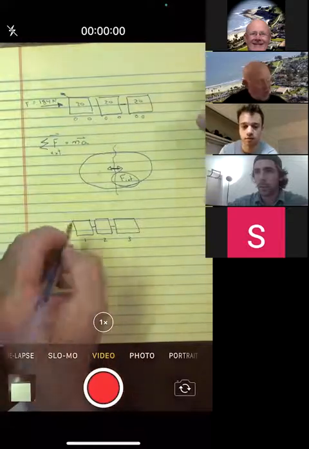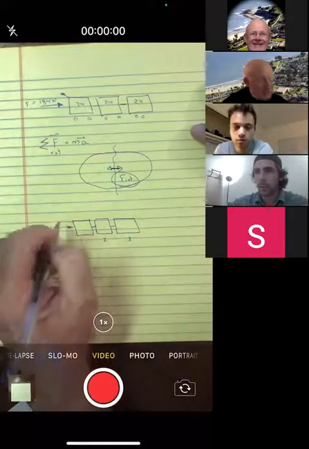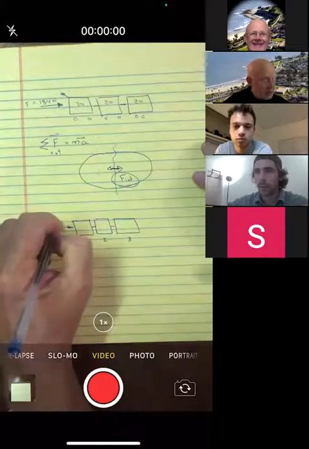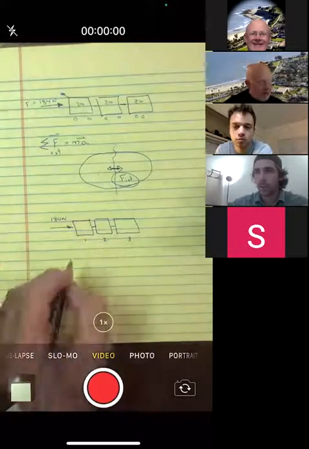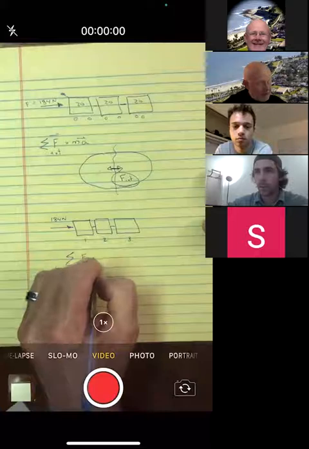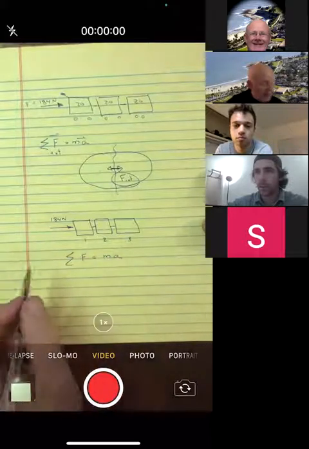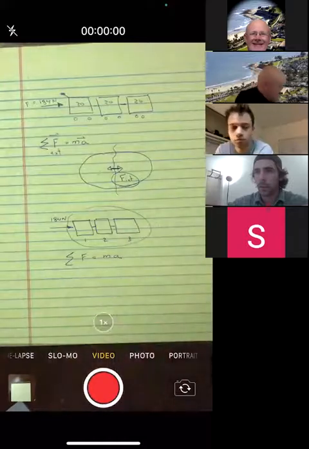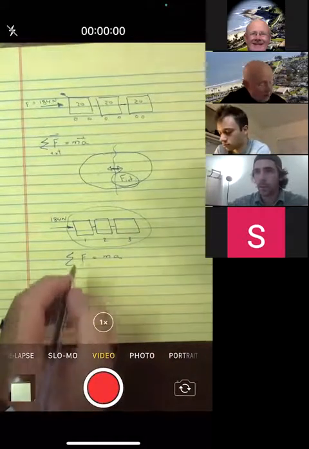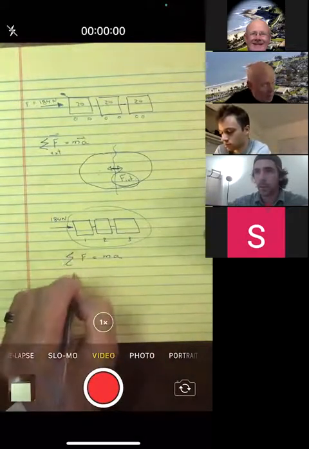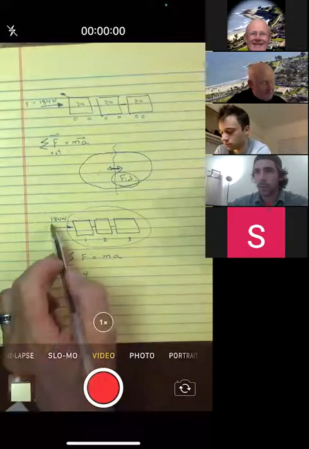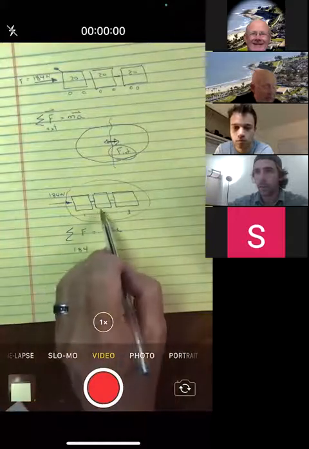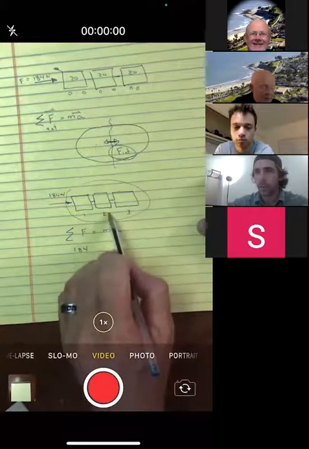So when the problem says there's an external push from an employee with 184 newtons, and you add up all the forces and set it equal to MA, thinking of it as one giant object, the only force I have to worry about is the 184. I don't have to worry about the force between 1 and 2 or between 2 and 3.